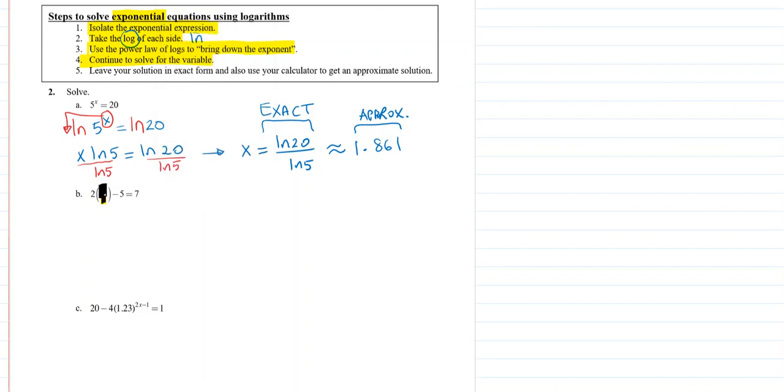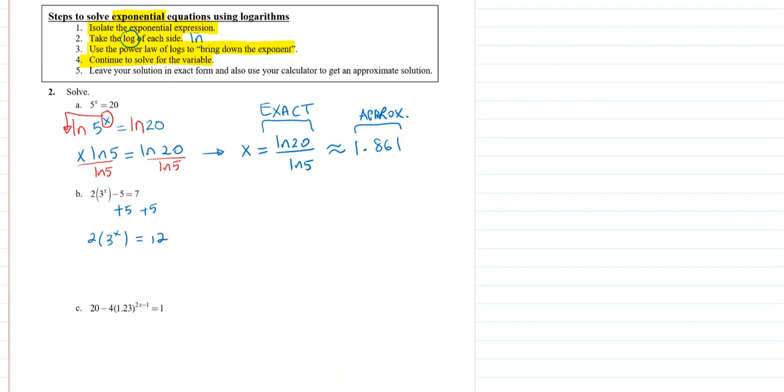If I just cover this thing up, how do I isolate that block that you don't know what's under it? So it's just like solving a linear equation. You first add the 5 to both sides, and then you get 2 times that thing. Let's remember what that thing was. It was 3 to the x. So you get 2 times that thing equals 12.